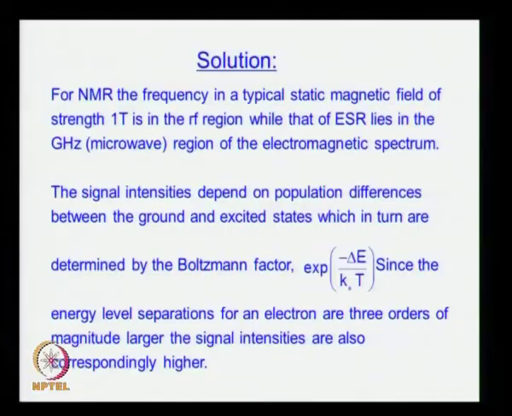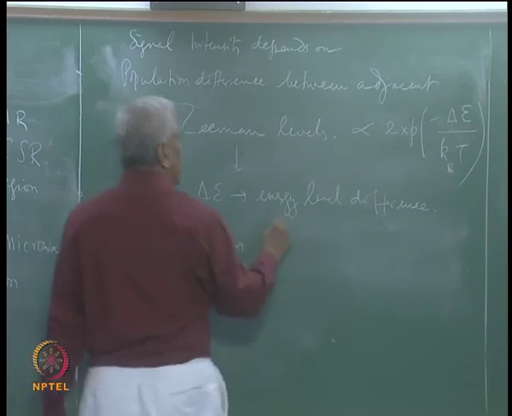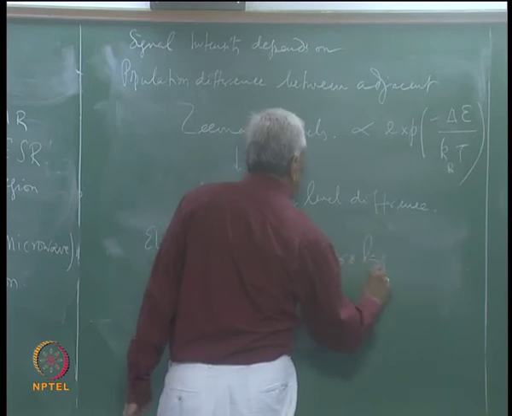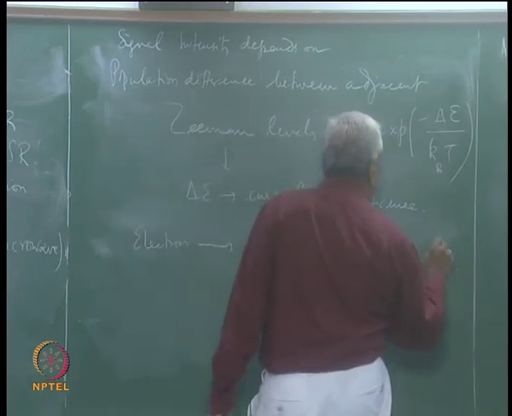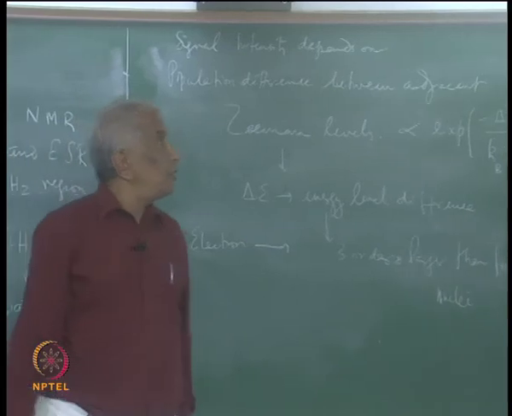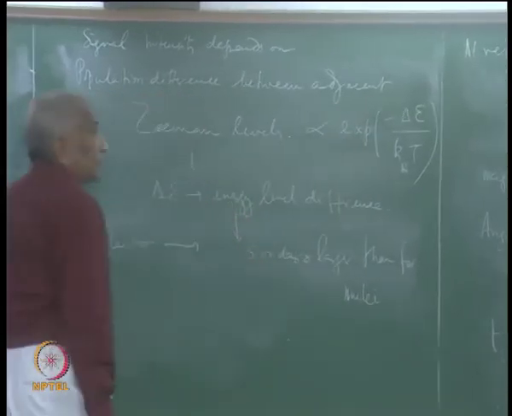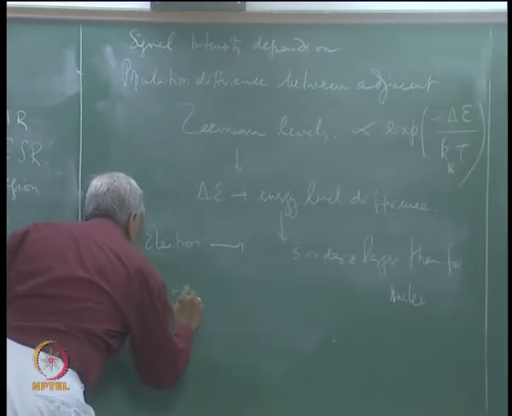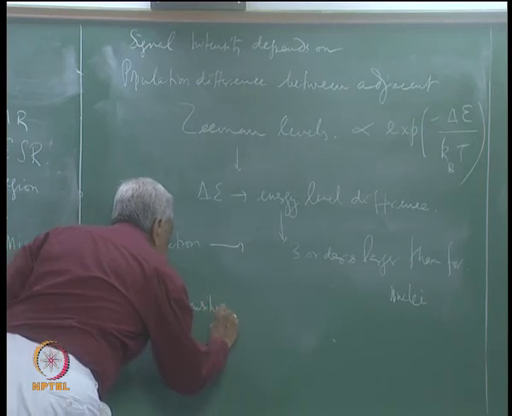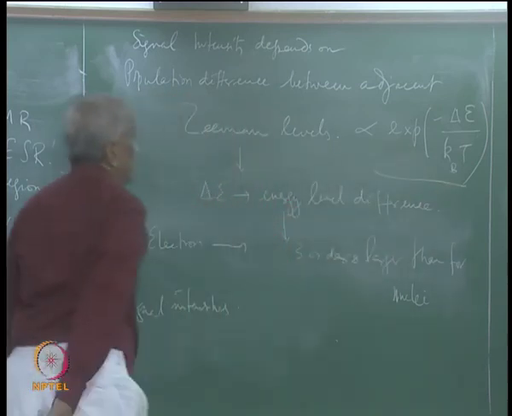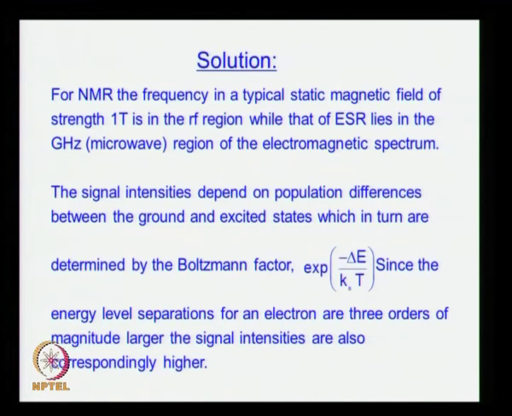Again, the energy level separations of the electron are 3 orders larger than for nuclei. Therefore, the exponential factors are much larger. So, the signal intensities are much stronger in the case of the electron resonance by the same factor, which is 3 orders higher.